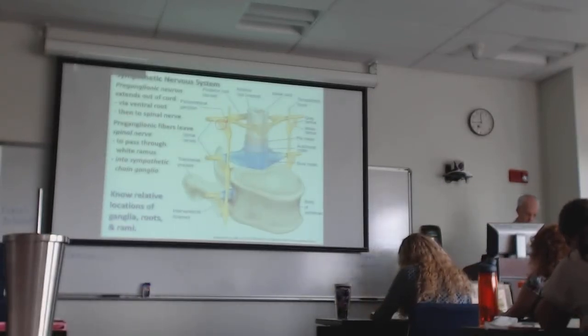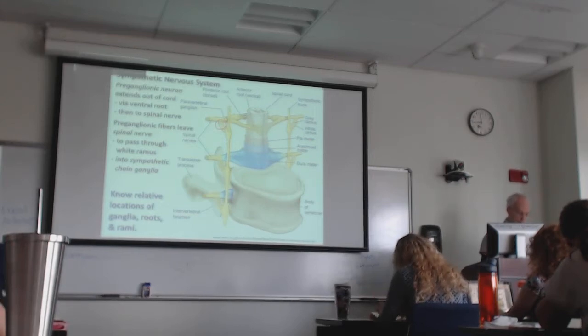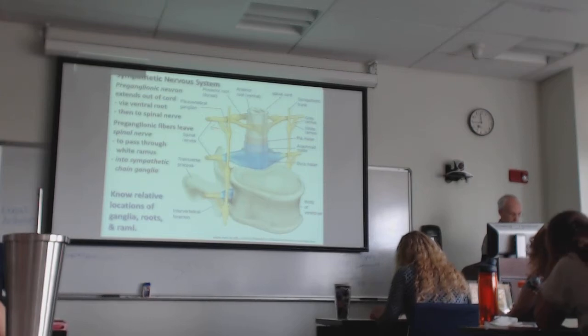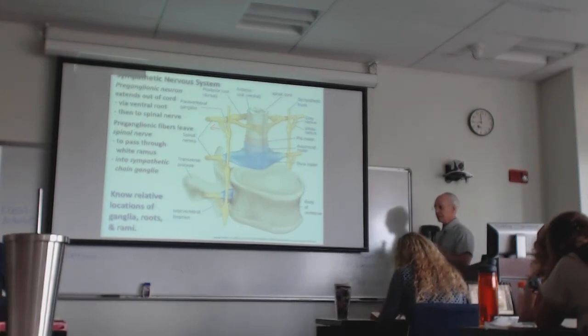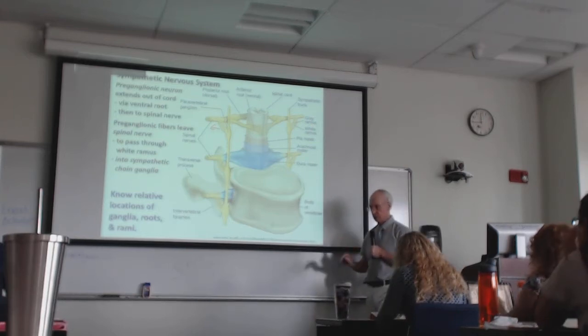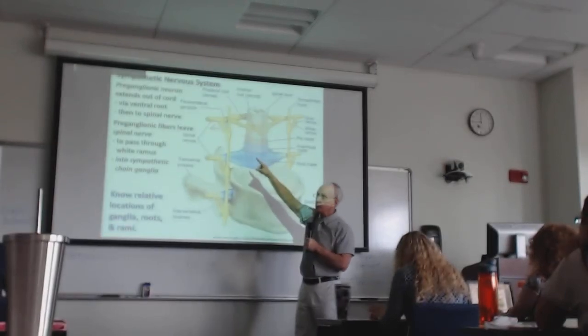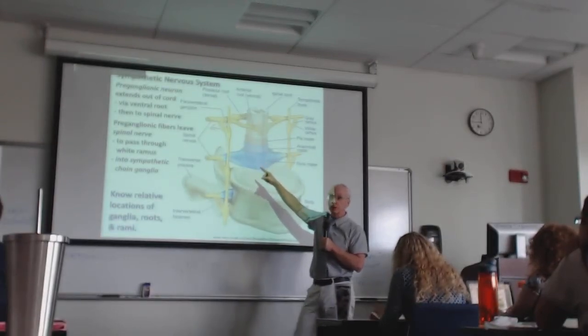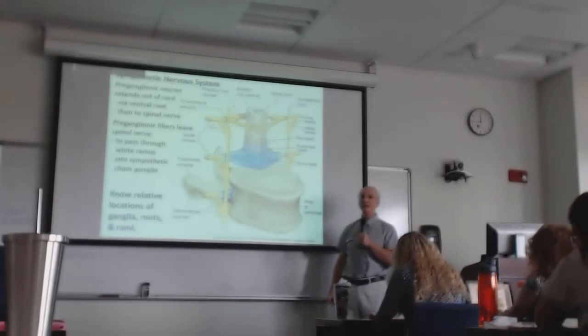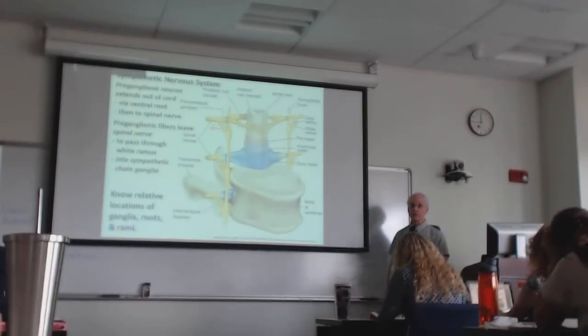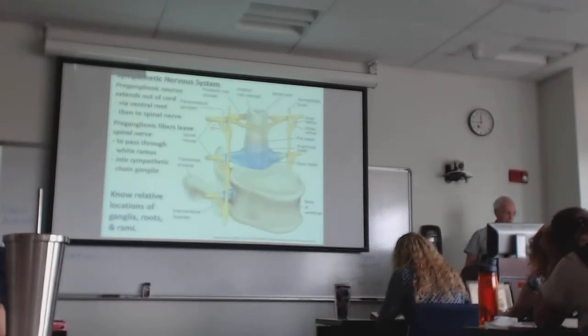In our illustration, to keep things consistent and clear, the white is going to be on the outside. The white's going to be lateral. Of course, anatomically, that's not quite true, but for purposes of representation. And the reason we're going to make that simplification is because I want you to understand that the sympathetic preganglionic efferent always enters the sympathetic trunk by means of the white ramus, the one on the outside.